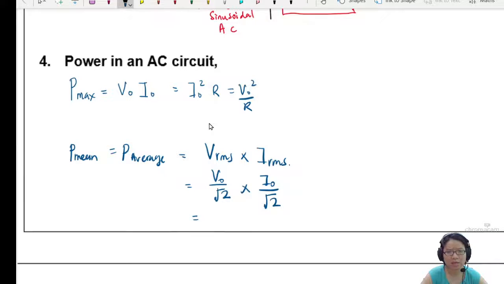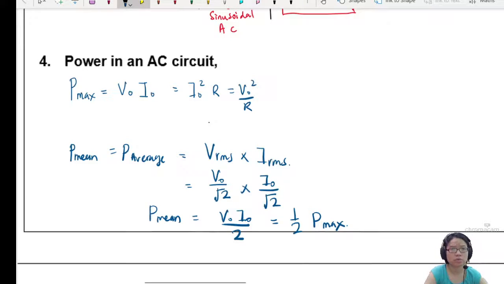What is root 2 times root 2, guys? Root 2 times root 2 is 2, so we get V naught I naught over 2. So from here, you can see that your mean power is equal to the maximum power times half. This one is an important law: mean power is the peak divided by 2, or half the maximum power.